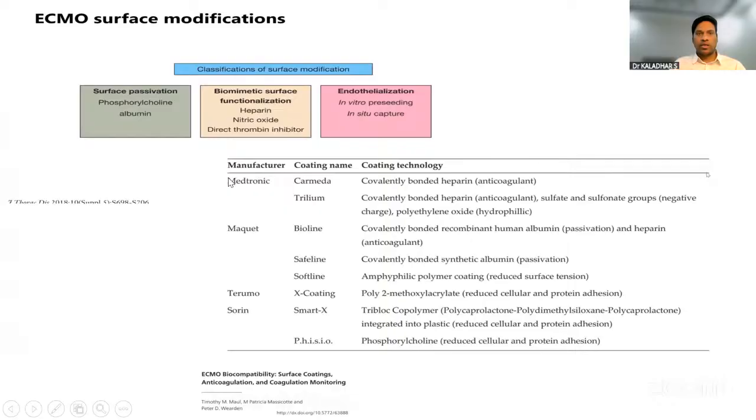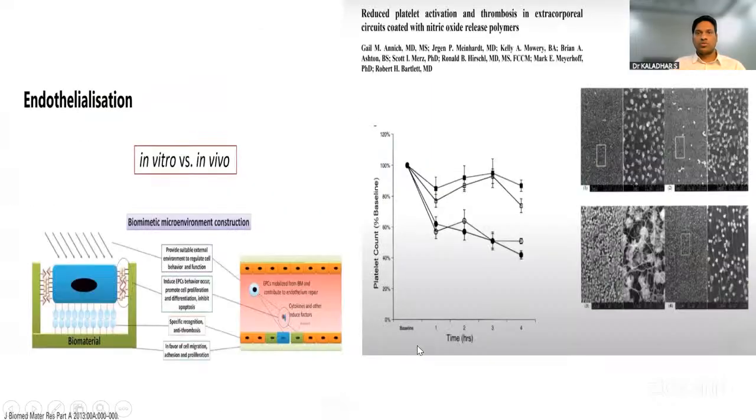Even if you look at different companies like Medtronic, Maquet, Terumo, Sorin, they're all trying to bond these catheters with heparin. Most commonly, we are getting it now. And with albumin, human albumin, Maquet is trying, and synthetic albumin most of the time is being tried. And you have phosphorylcholine. So different substances are being used to surface coat, to minimize the anticoagulation dose.